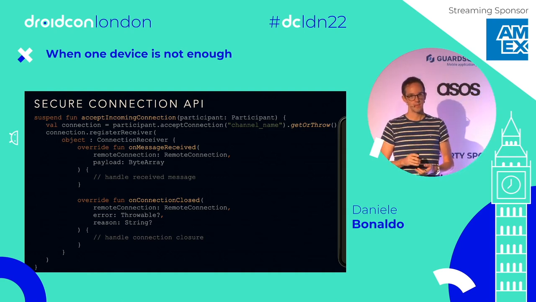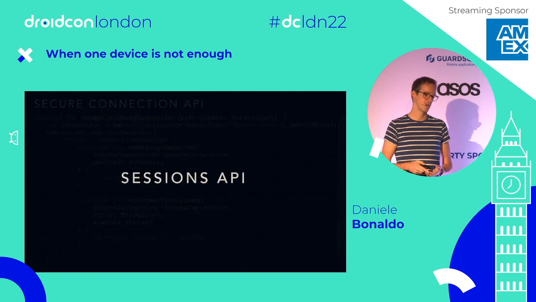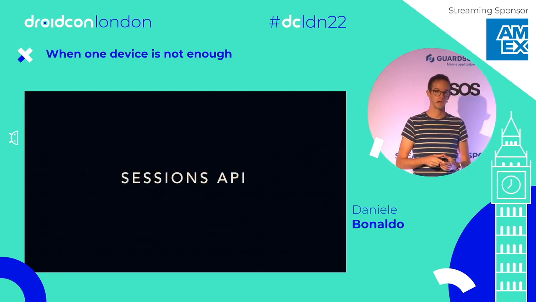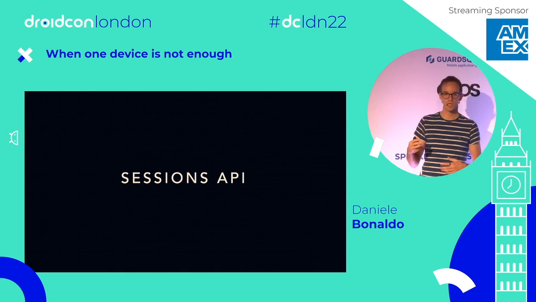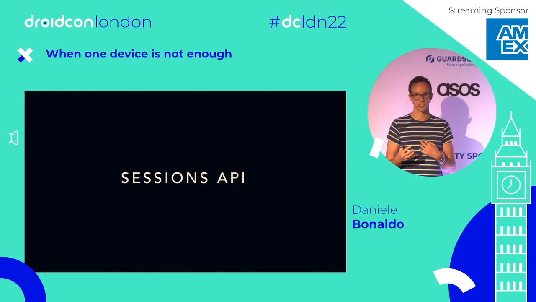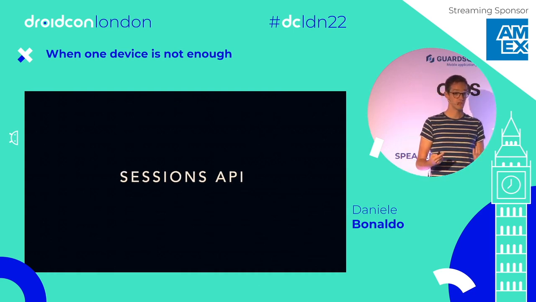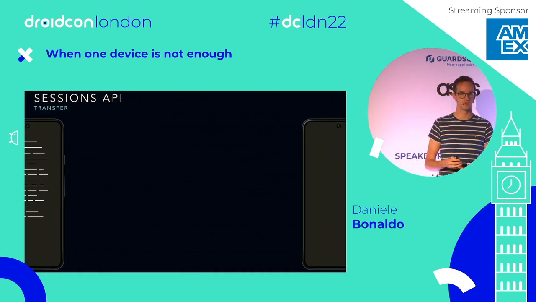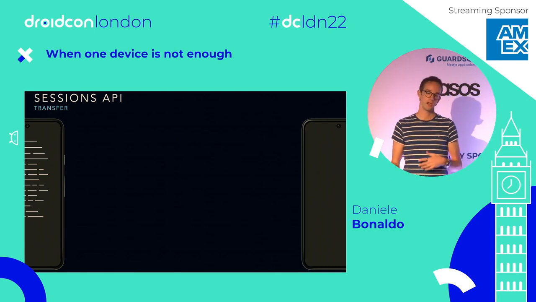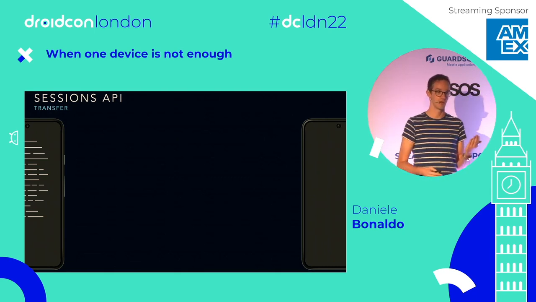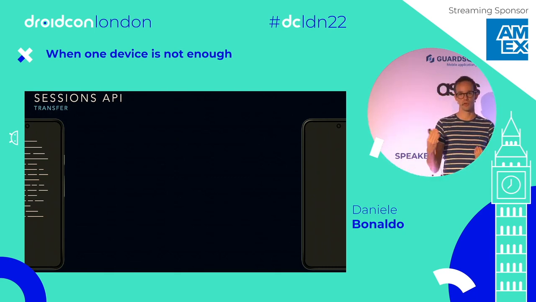Now, as I mentioned, on top of it, we have the Session API, which uses both discovery and secure connection to have a more interesting approach and to cover some more specific use cases. The first of which is, for example, to transfer a session. Remember the example I showed you before? You are reading an article or a book on your phone and you want to continue on a tablet.